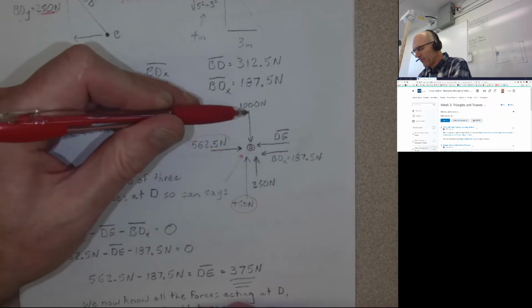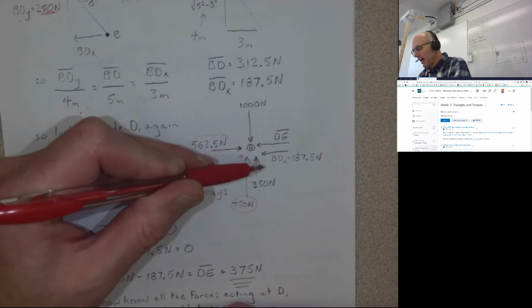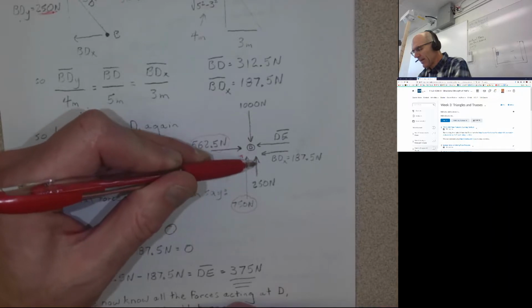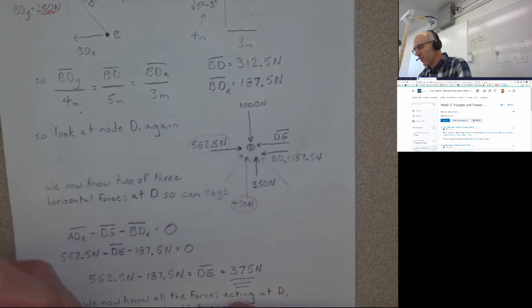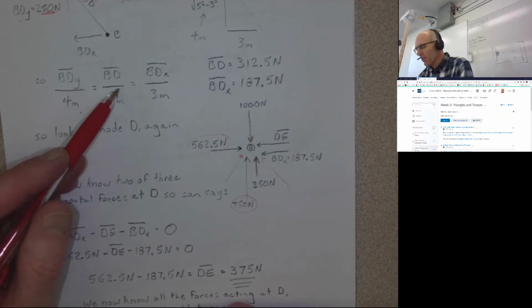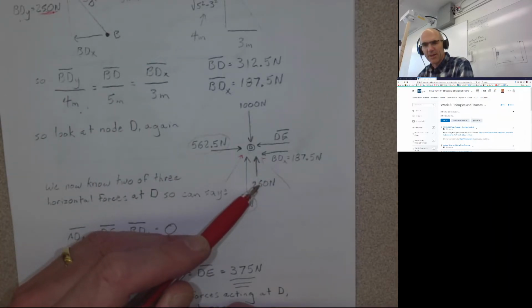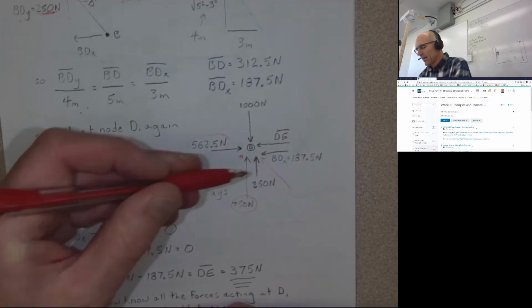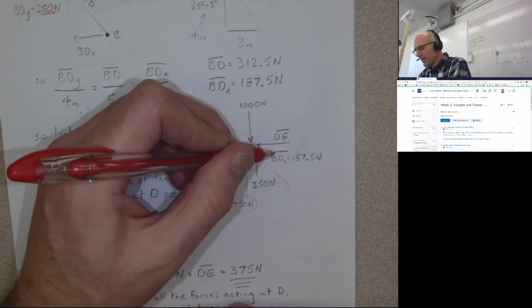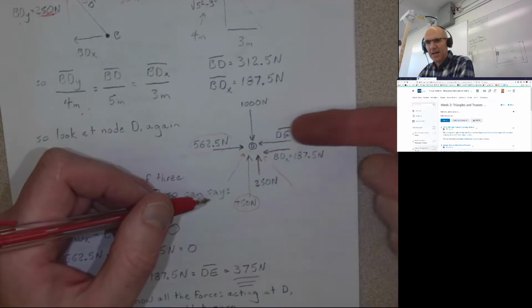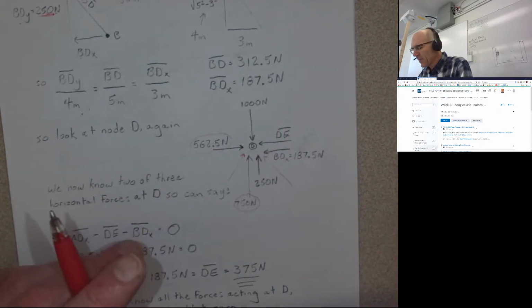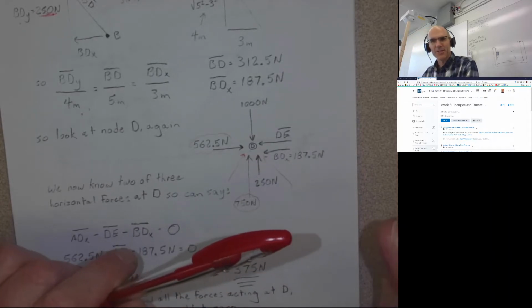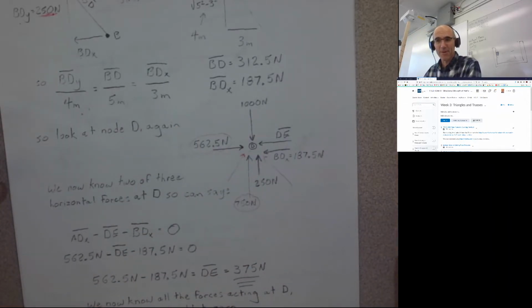This, plus the force being applied right here, allowed me to calculate that we had 250 newtons pushing up from this member coming in this way. The ratios and proportions based on that 250 newtons tell me that I've got 187 pushing sideways because of this vector right here.